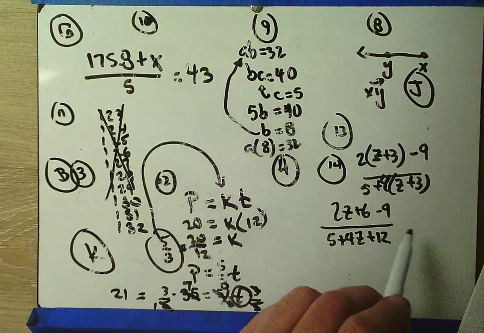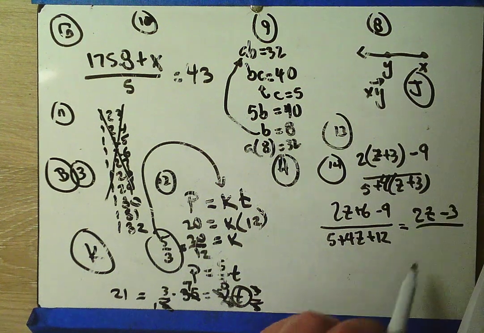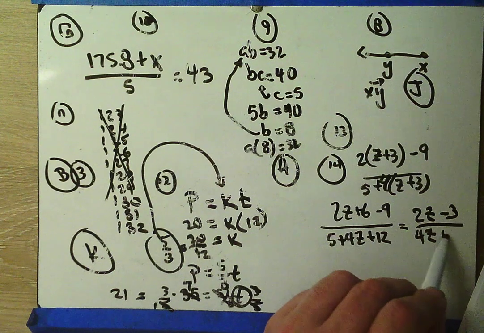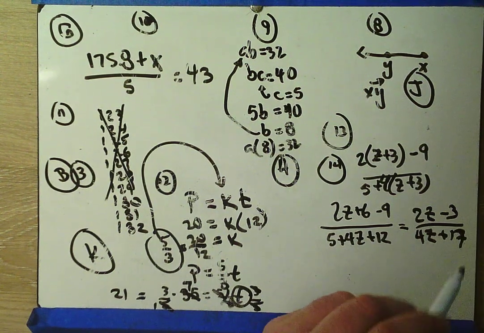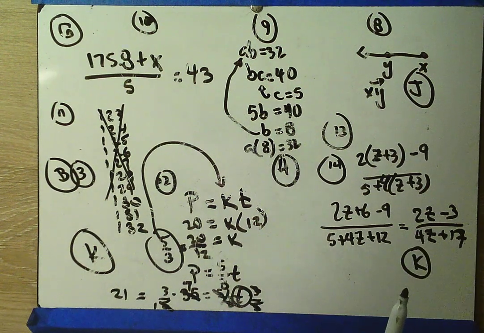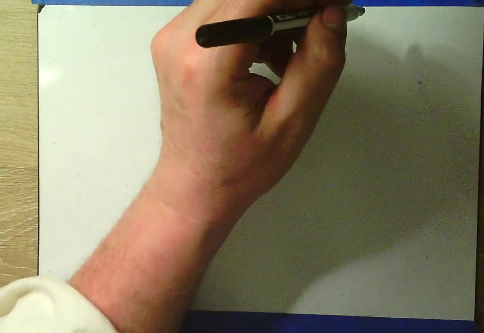I combine like terms and I get 2z minus 3 over 4z plus 17. That's a 17. And that's choice K. Choice K for number 14. Okay, let's move on. Remember, our goal is to get done in an hour.